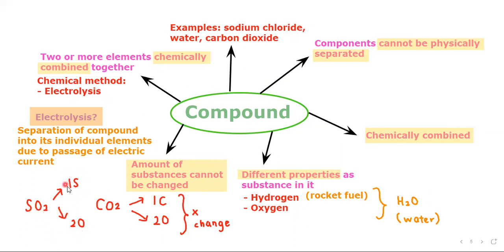If you change the number of sulfur atoms and the number of oxygen atoms to be combined, at the end you may only get sulfur monoxide or sulfur trioxide instead of the sulfur dioxide that you want, which means we cannot change the number of atoms. So if you want to make carbon dioxide, you need to use 1 carbon and 2 oxygen.